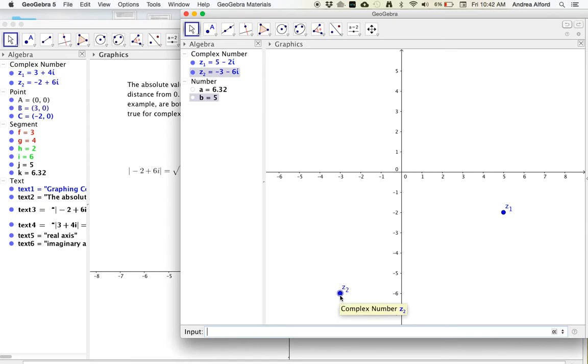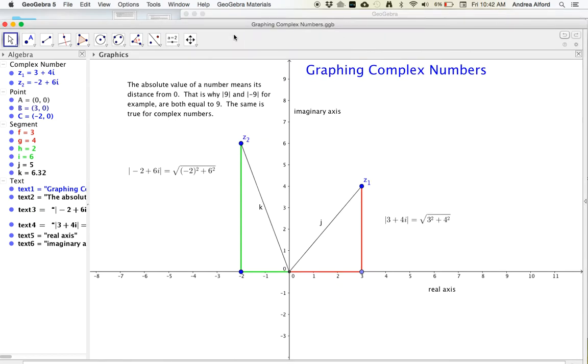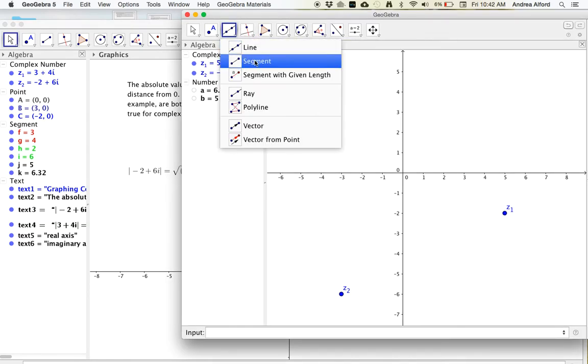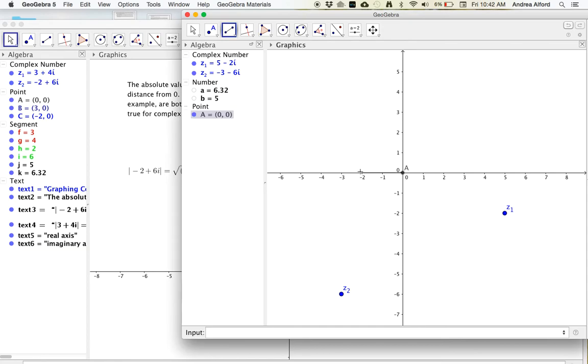So let's look at z2 here, negative 3 minus 6i. So, well, what did we do? This is going to be the test of whether GeoGebra is going to work for us to do this. I came left 3, and then I came down 6. So we're looking at the hypotenuse here. Okay? So it should be the square root of negative 3 squared plus negative 6 squared.